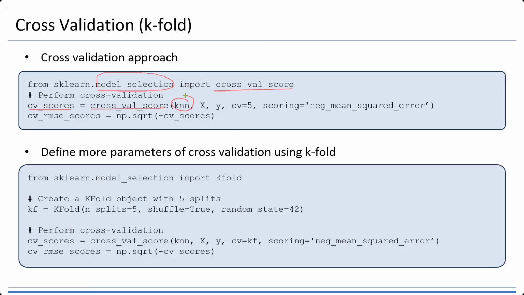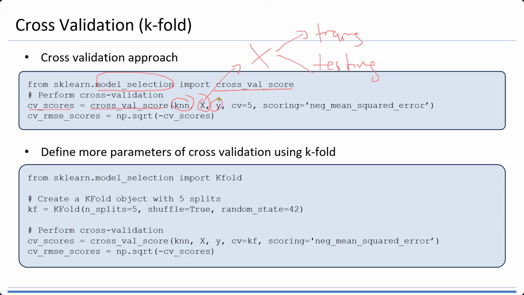We call the model, which is the KNN, and then we perform it on the data. Using this cross-validation, we just put the X. So we don't need to split the training and the testing. We just use the X and we just use the Y.